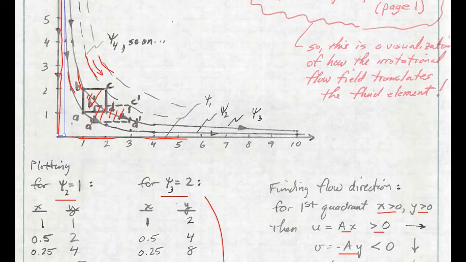And then we looked at streamlines and how we could sort of take the same idea and show it in terms of streamlines and show how this box would actually move on the streamlines. Finally, we saw that the flow could be determined by simply subtracting the values of streamlines to get the flow between the two streamlines. And that's it for this kinematics example.